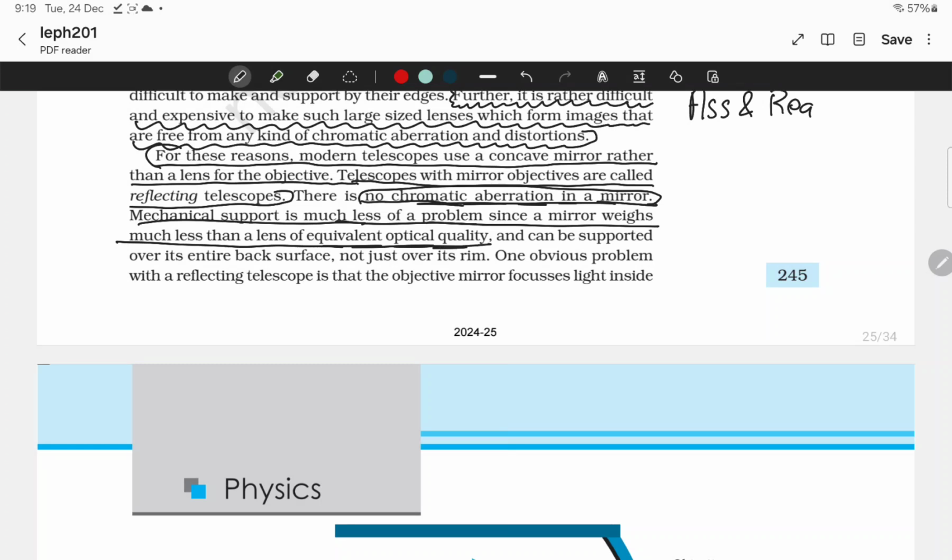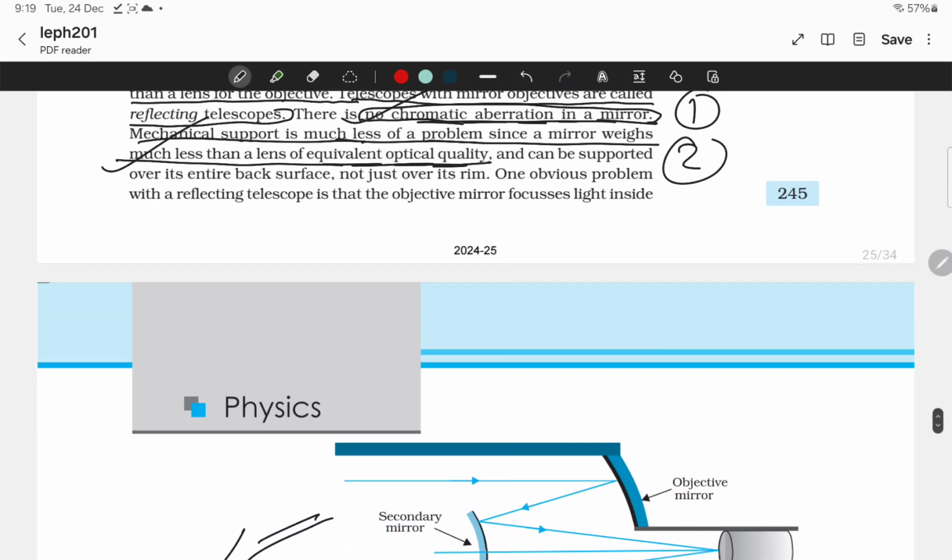One more thing is mechanical support, because a mirror weighs less than a lens. So mechanical stability for holding a mirror is simpler than a lens. So that's also a plus point. These are 2 advantages of Cassegrain telescope, and it can be supported over its center, not just over its rim. One obvious problem is this thing.